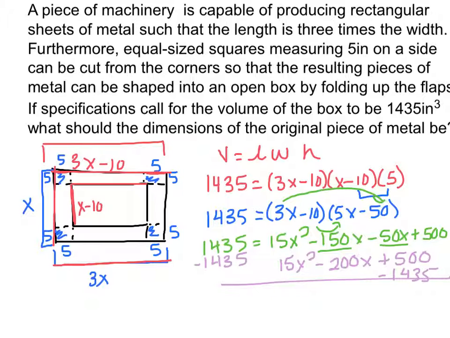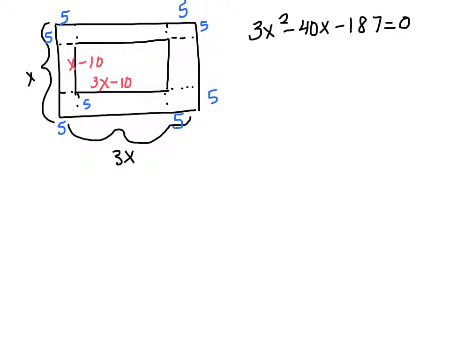So what I have right now is 15x squared minus 200x minus 935. To make my life just a little bit easier, I'm going to divide by 5 on everything. And when I do that, I get the following: 3x squared minus 40x minus 187 equals 0.